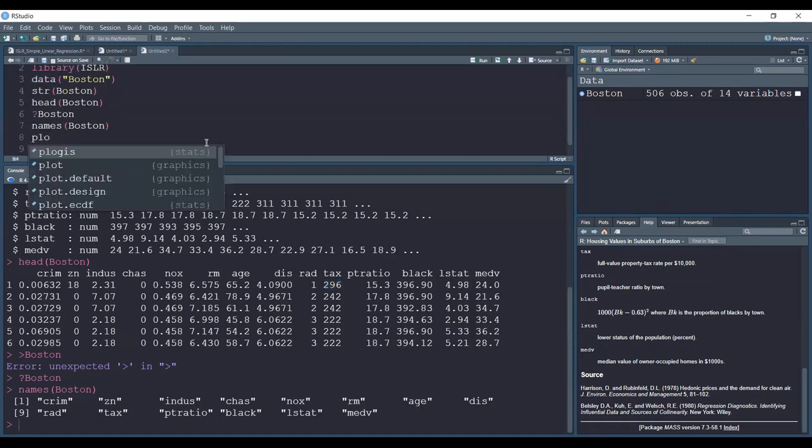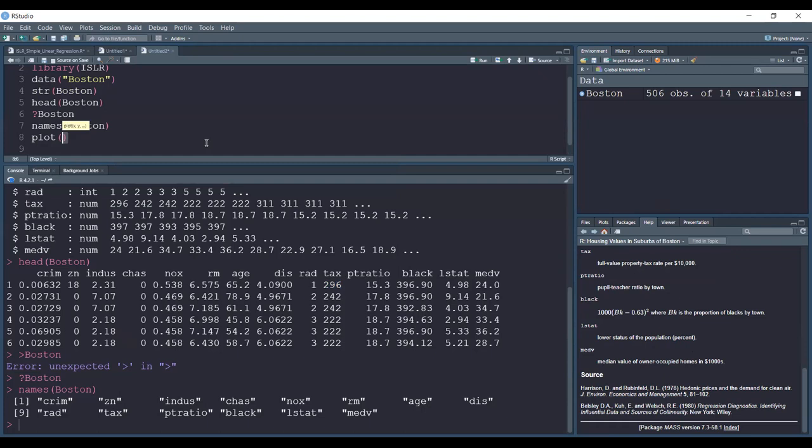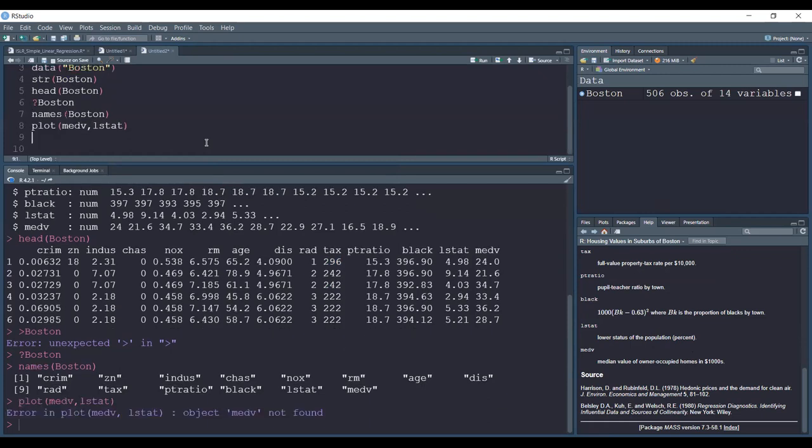So plot. Now do remember, if I type MEDV against LSTAT, this is going to give me an error. The compiler doesn't recognize what we mean by MEDV. Now there are two ways around it. You either fix the data set, which is what the book is doing and we will probably follow suit.